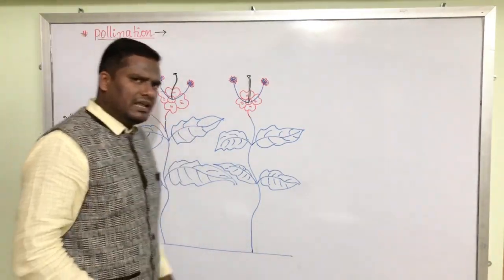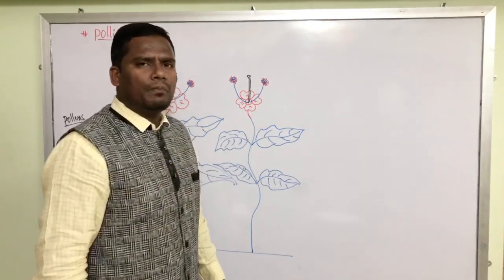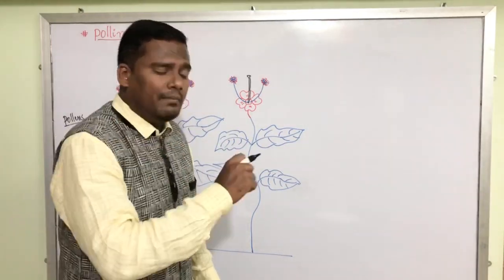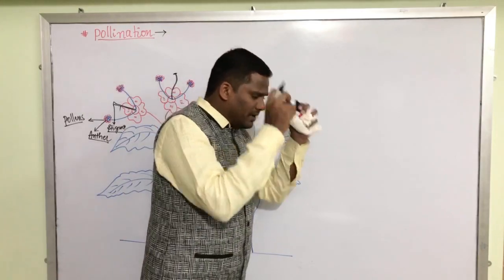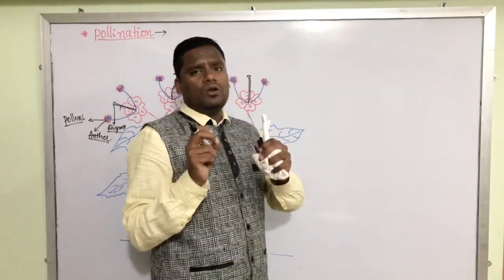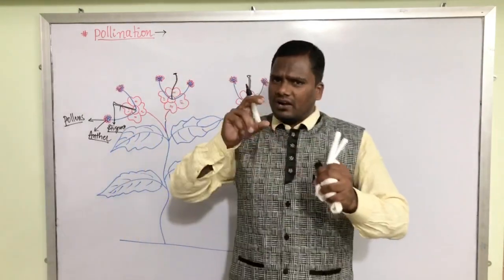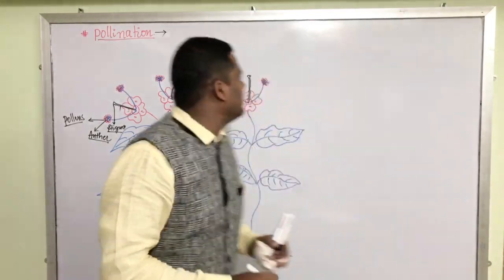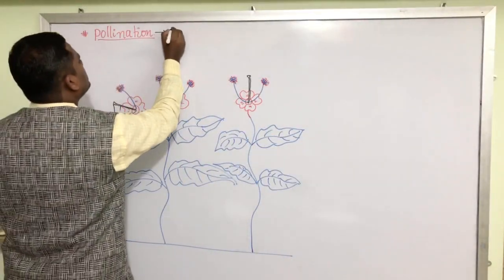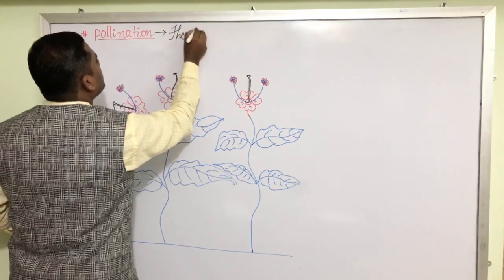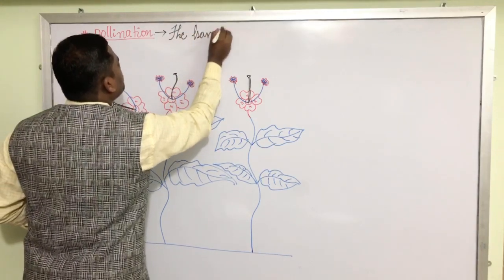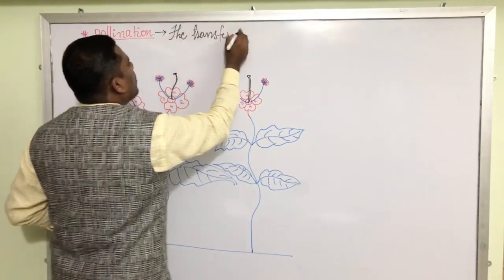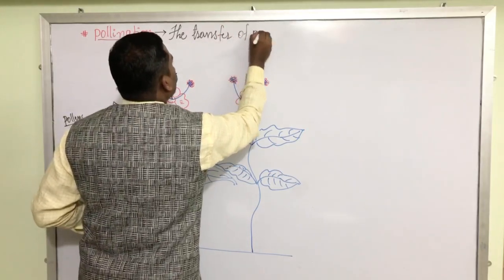That transfer is nothing but pollination. As we have discussed earlier, in sexually reproducing plants or animals, in majority of the cases, male gametes rush towards the female gamete. Now here also there is the transfer of pollen grains.